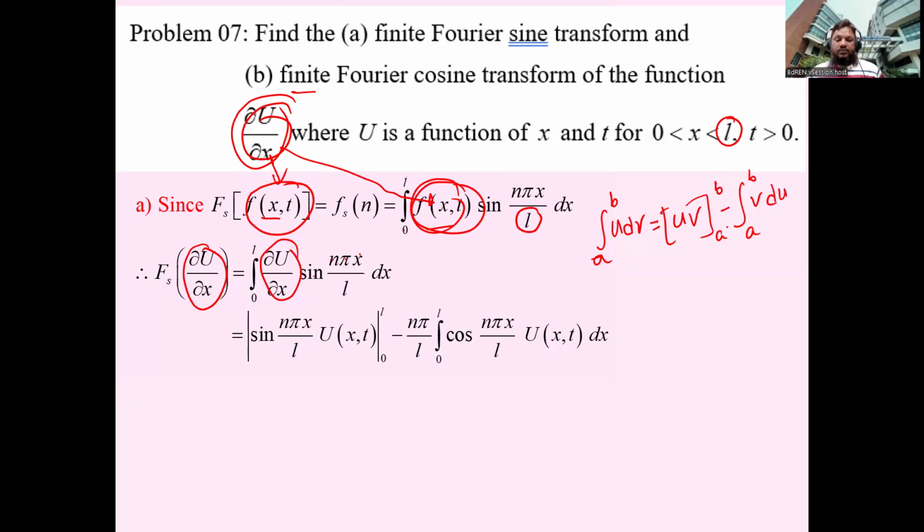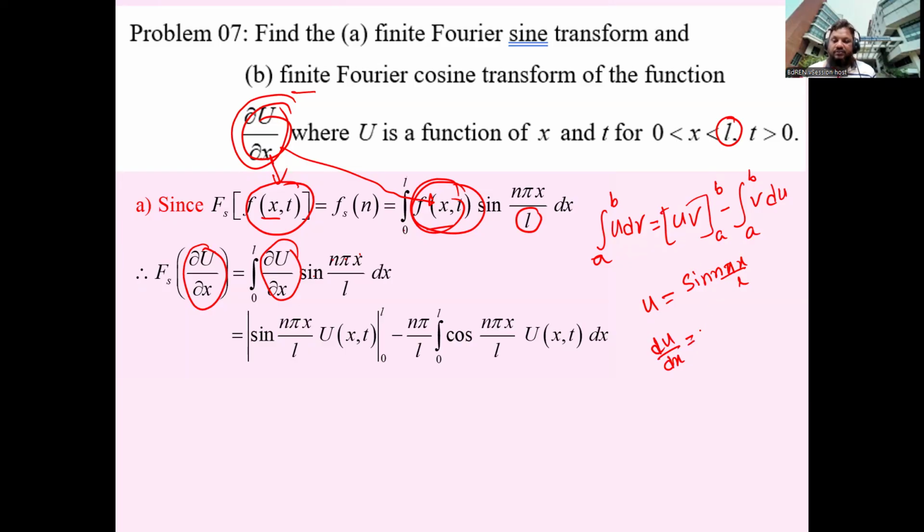We can consider u as sine of n pi x by L. What will be du dx?